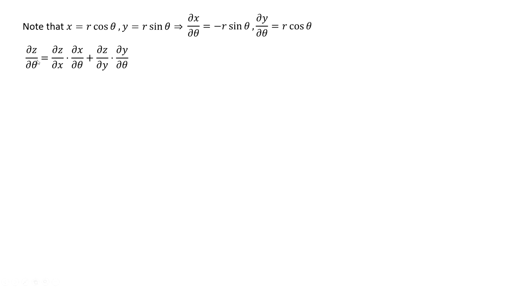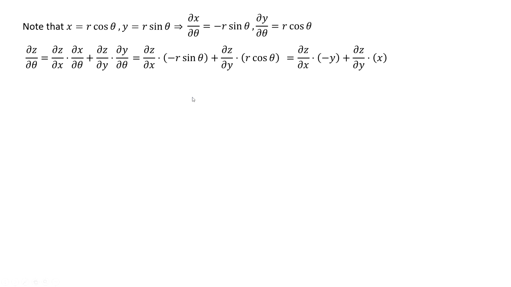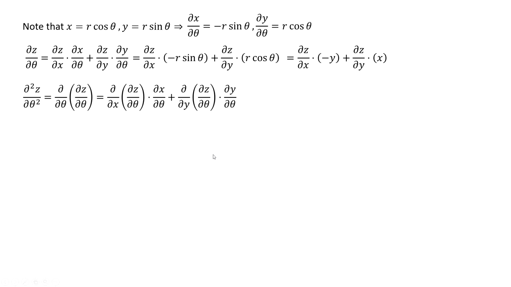So when we are looking at partial z with respect to theta, earlier we did partial z with respect to r. Now let's look at partial z with respect to theta. And that turns out to be this. And negative r sine theta is nothing but negative y. And r cosine theta turns out to be x.